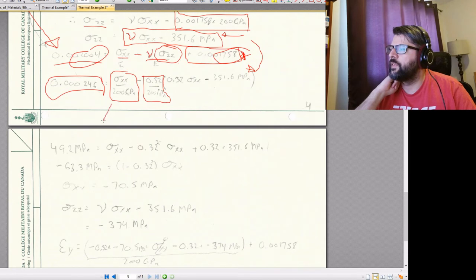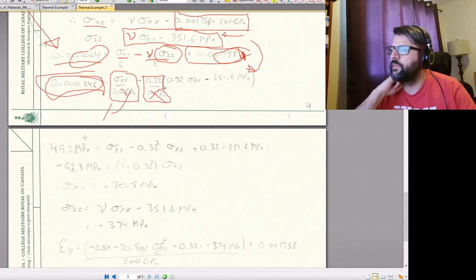And then for the next step I just went and multiplied by Young's modulus to get rid of these terms and turn this strain into a stress.